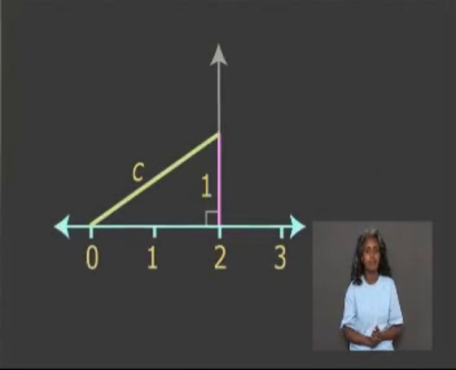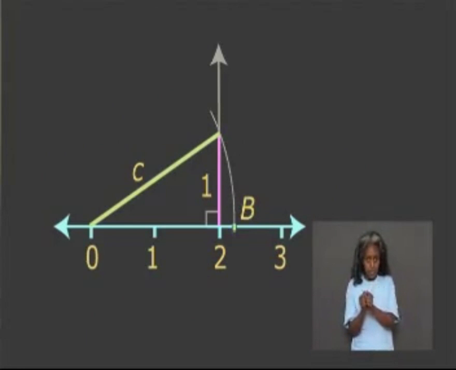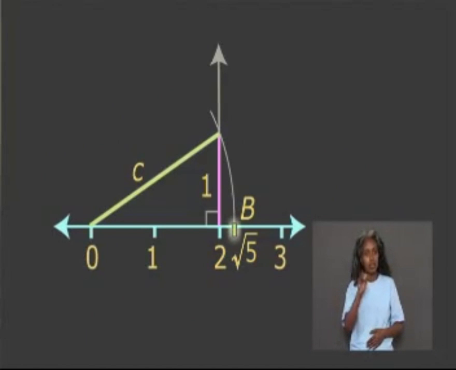We open a compass to the length of C and draw an arc that intersects the number line. The distance from 0 to this point is the root of 5 units long.